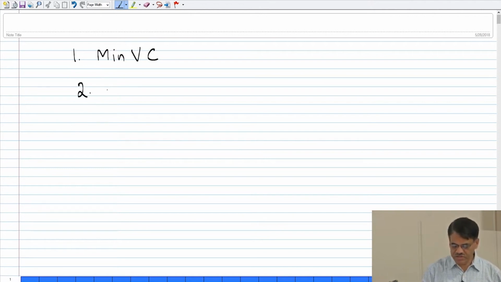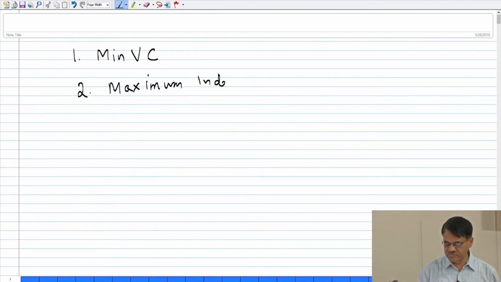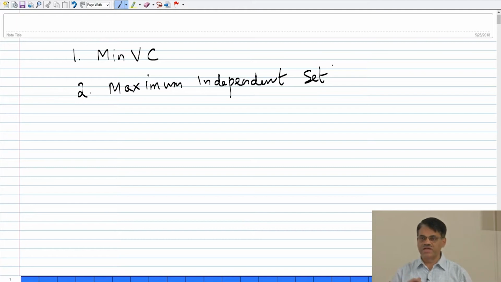Right. Let us talk about this problem, maximum independent set. So, what is an independent set in a graph? An independent set in a graph is a set of vertices in which no pair of them is adjacent. So, one is interested in, given a graph, finding the maximum independent set.